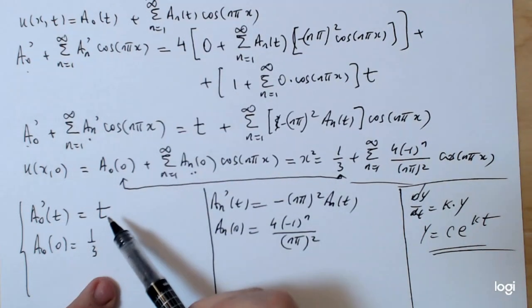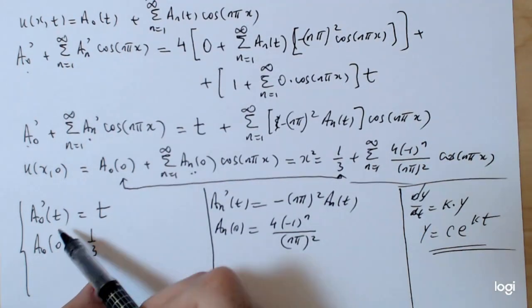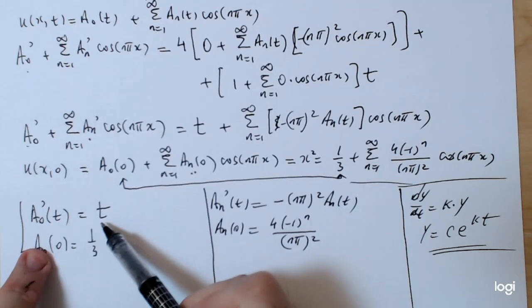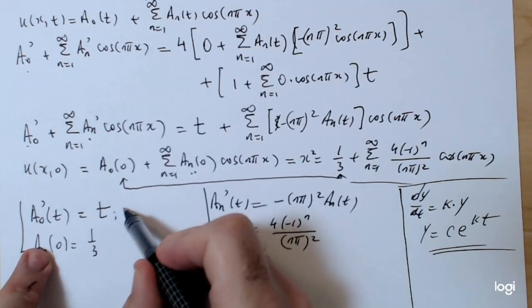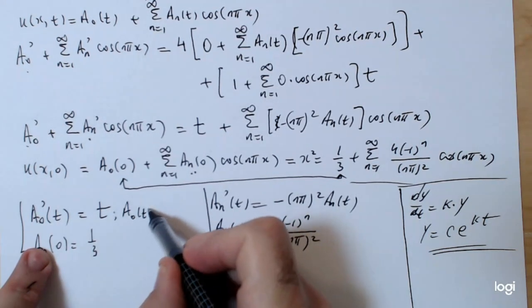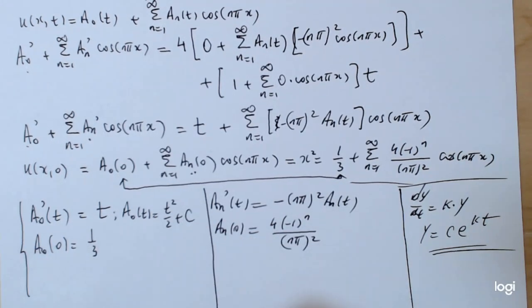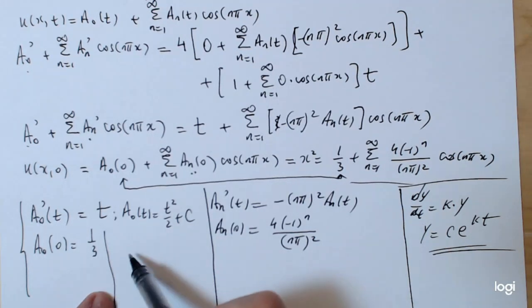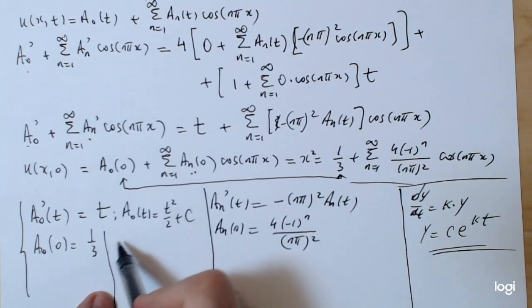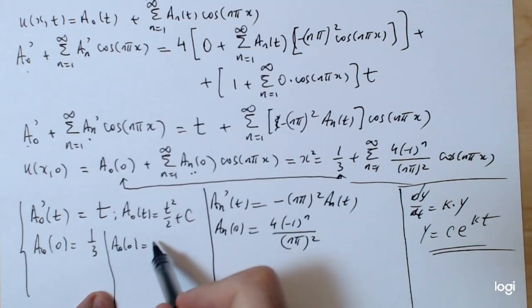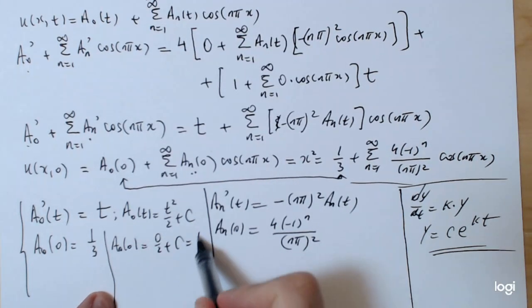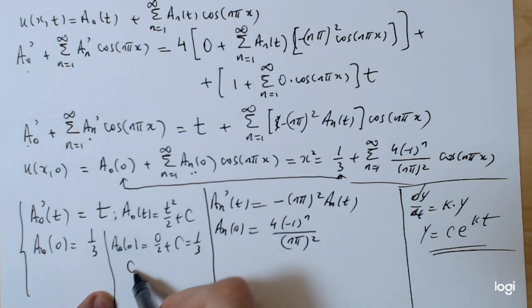Furthermore, this one here is just an immediate integration. So a_0 prime is t. You simply integrate both sides. a_0(t) is going to be t squared over 2 plus a constant c. a_0(0) is 1/3. So when we plug in 0 for t, we get that c equals 1/3.